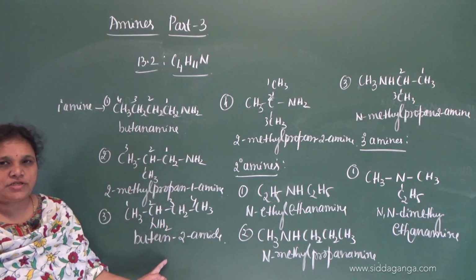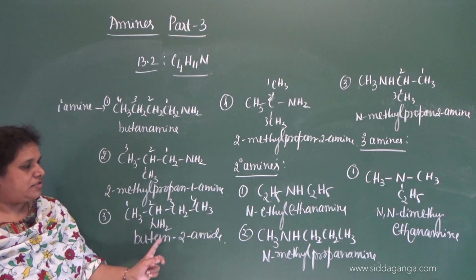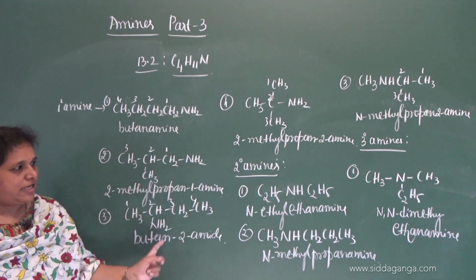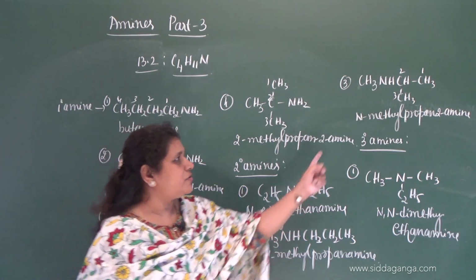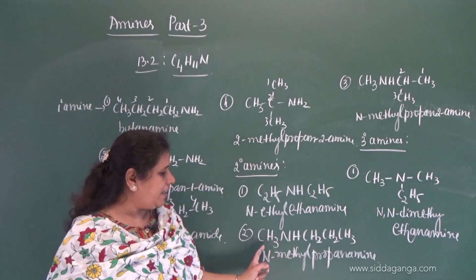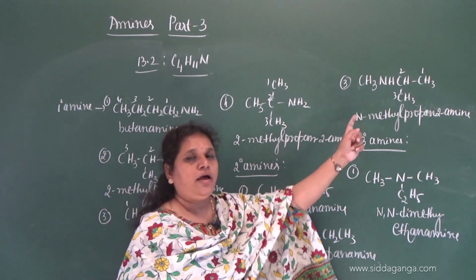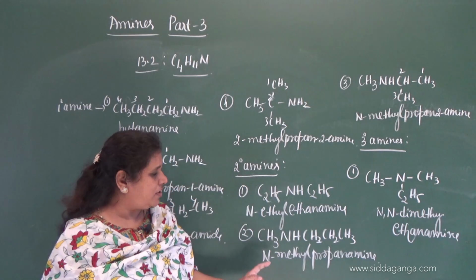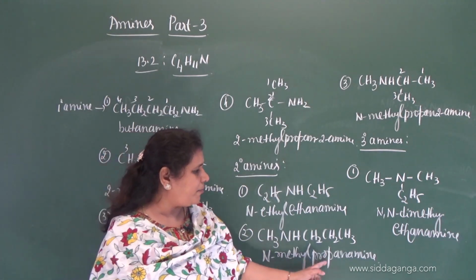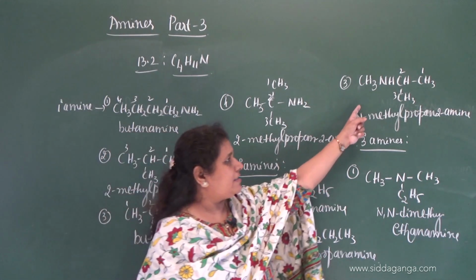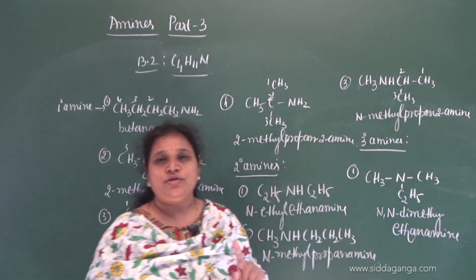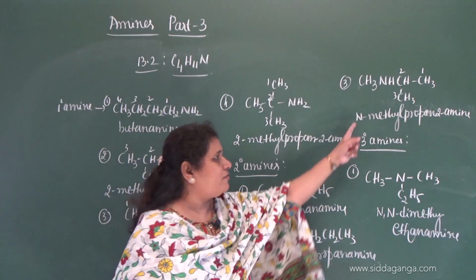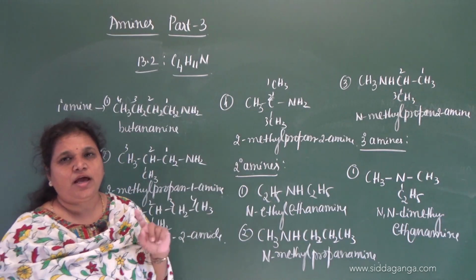And among the secondary amines, the second and third ones are position isomers, because this is N-methyl propane 1-amine and this is N-methyl propane 2-amine.